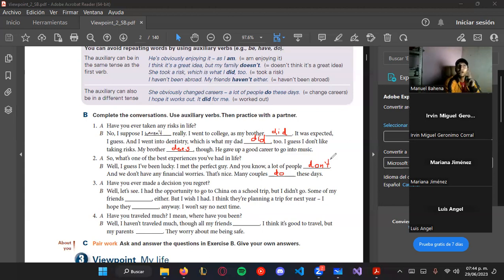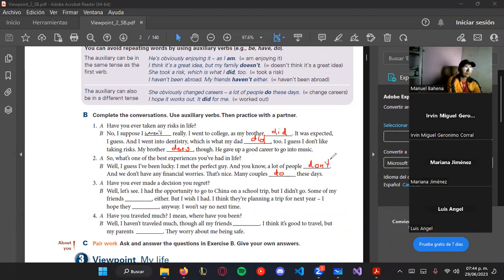That's how we know. Así es como lo sabemos. Why? Because it says, I have been lucky. What does that mean? He sido afortunado. Yo he sido muy afortunada en este caso. Well, I guess I've been lucky. Supongo que fui muy afortunada. I met the perfect guy. What does that mean?